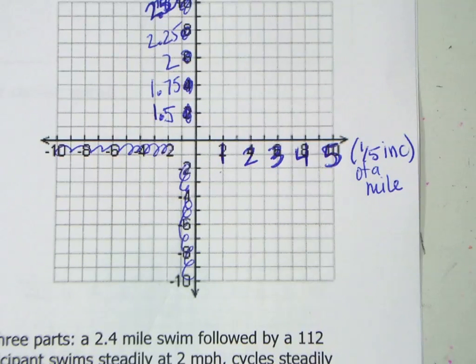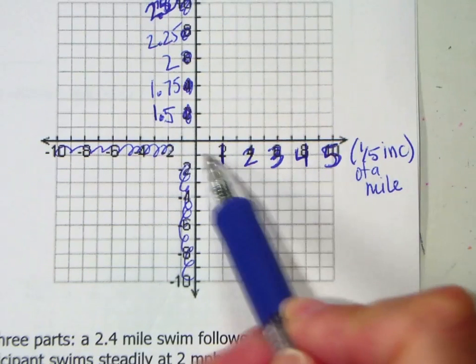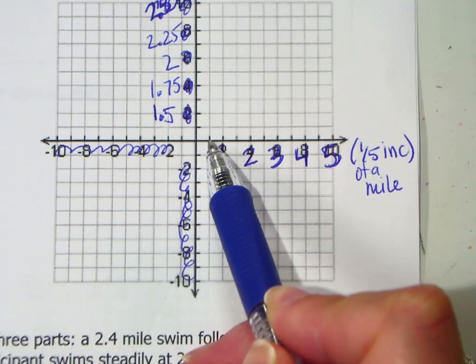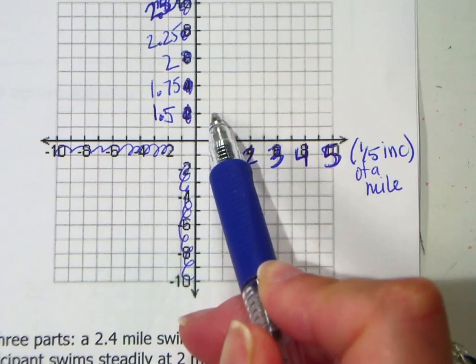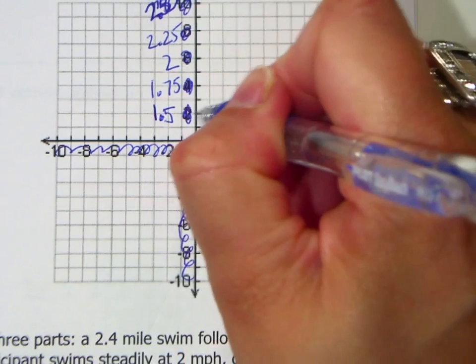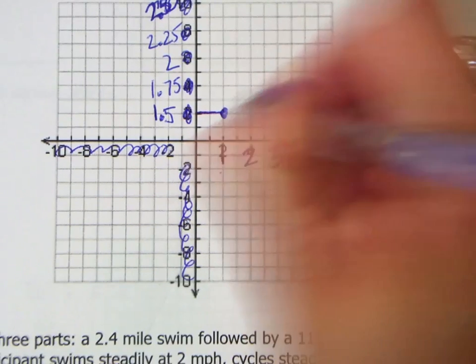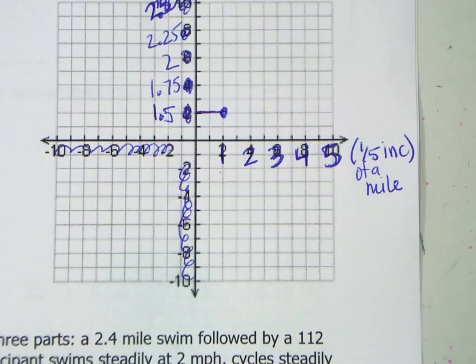What's the charge for 1/20th of a mile? Okay. So all of these distances cost $1.50. So all of these are going to be $1.50 up to and including 1/5 of a mile.